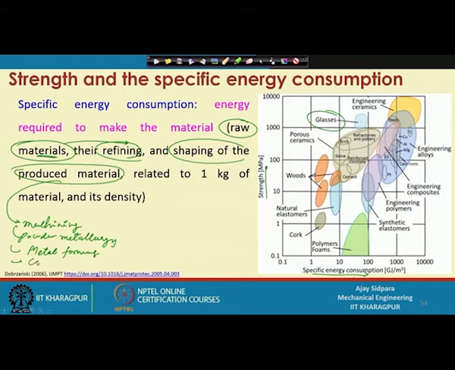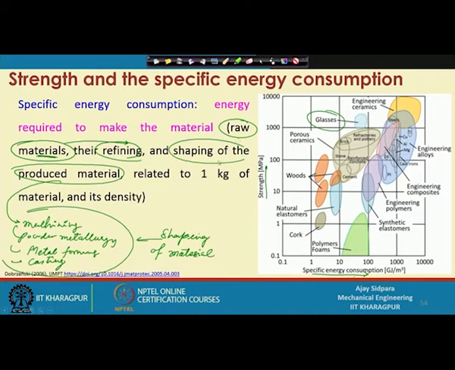Then there is casting. By that you are shaping the material. So, these are all processes for the shaping of material, correct.